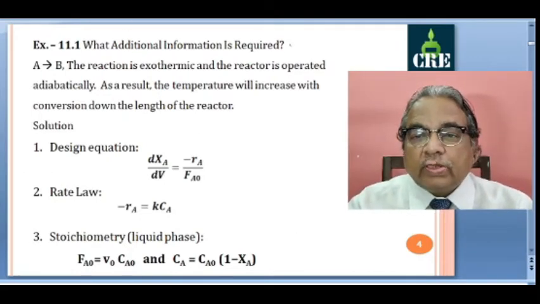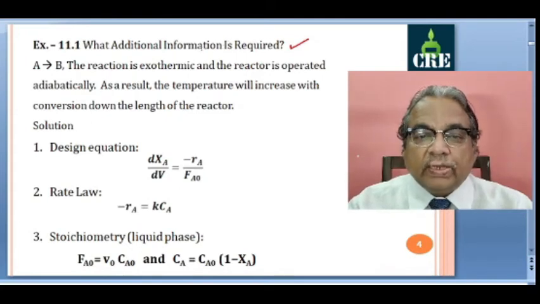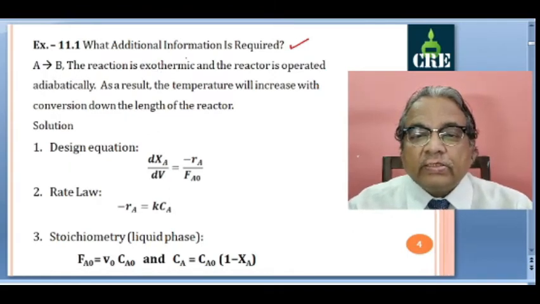Now for these non-isothermal reactor conditions, in order to design a reactor or to analyze what will be the conversion and so on, what additional information is required. So if we consider a simple reaction, A gives B, and the reaction is exothermic, the reactor is operated adiabatically.